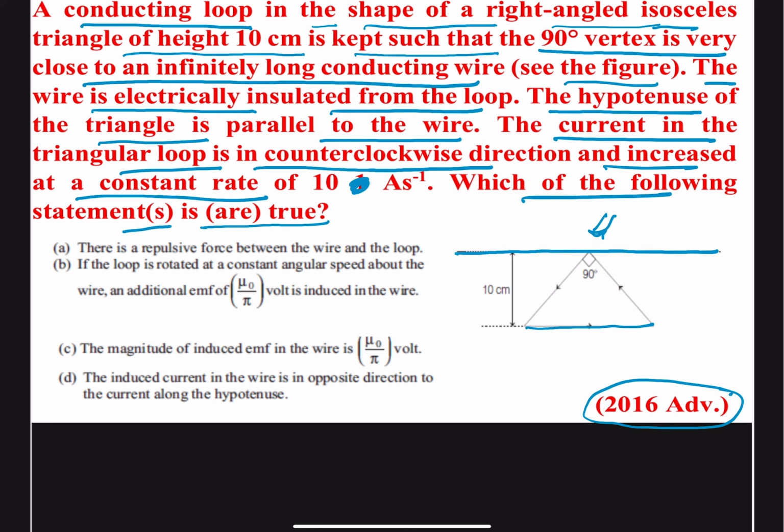The current flowing through the loop is counterclockwise and it is increasing at a rate of 10 ampere per second.